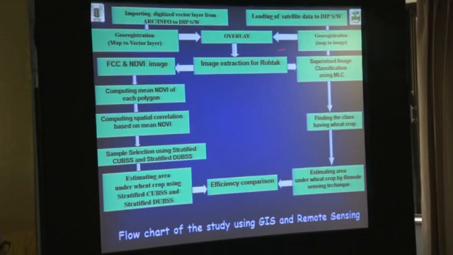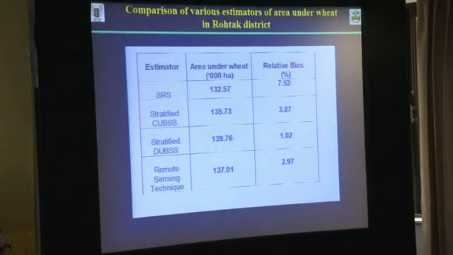This is all remote sensing methodology: classification of image, and then NDVI and estimating area under wheat crop, and then using our stratified cubs and stratified dubs, which were based on the earlier techniques. And this is the comparison of the various techniques.